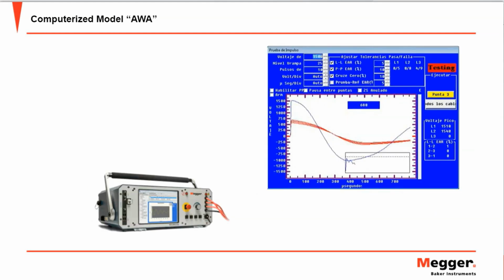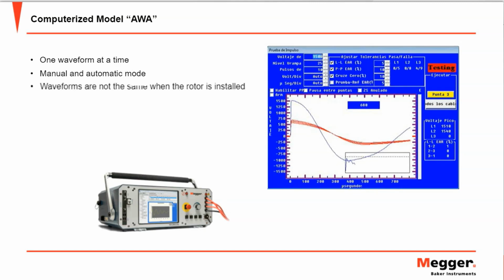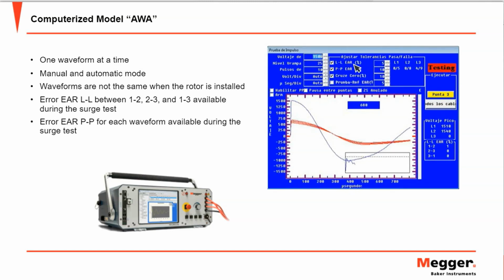Then we have the model AWA, automatic tester and manual tester at the same time, one waveform at a time. So the waveforms are not the same when the rotor is installed. So we have the line-to-line information here, the pulse-to-pulse information in real time, and this tester stops the test when it identifies weak insulation.